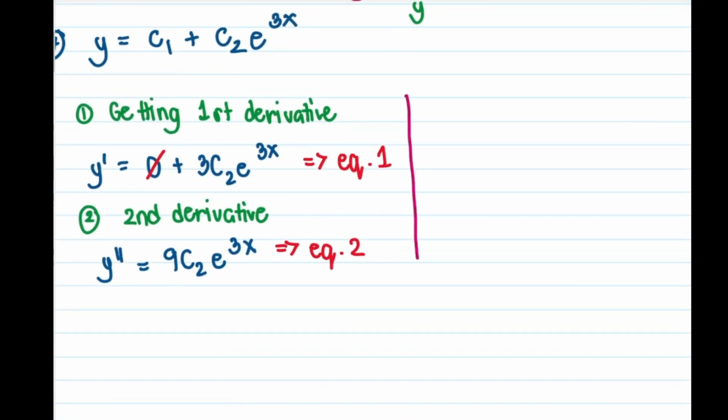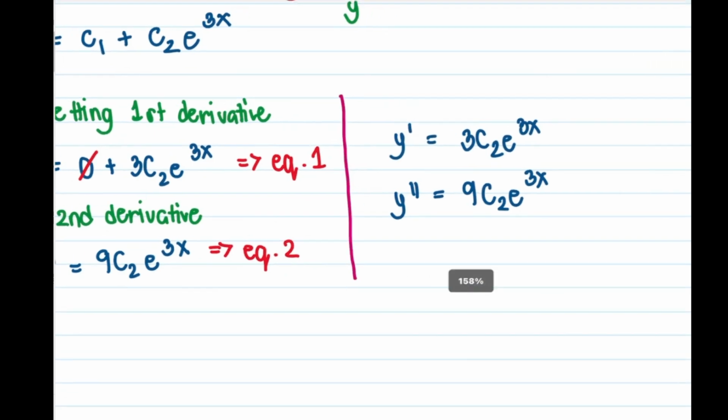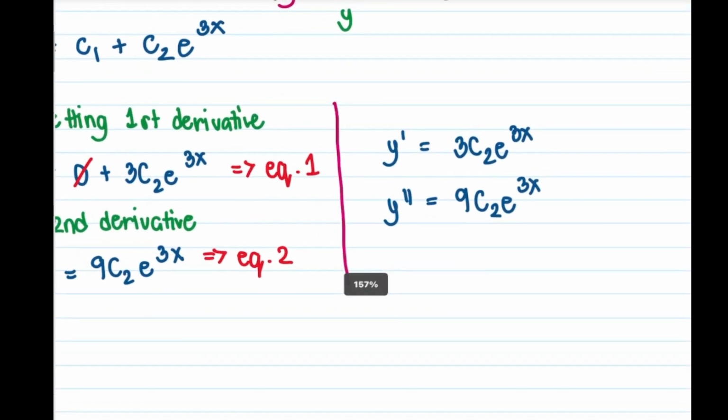This one will be y prime is equivalent to 3c2 e raised to 3x, then the other one is y double prime equivalent to 9c2 e raised to 3x. So let's multiply the first equation by negative 3. Okay?